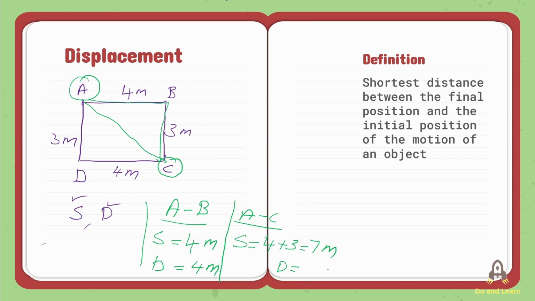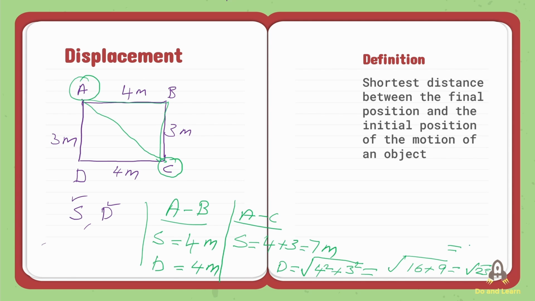So let us calculate the distance. You can use the Pythagoras theorem. D is equal to the square root of AB square plus BC square, right? So we can write 4 square plus 3 square, that is 16 plus 9, square root of 25.